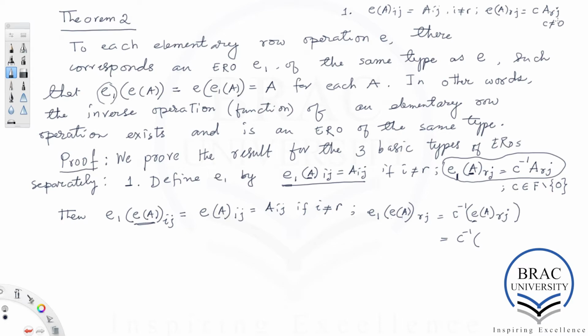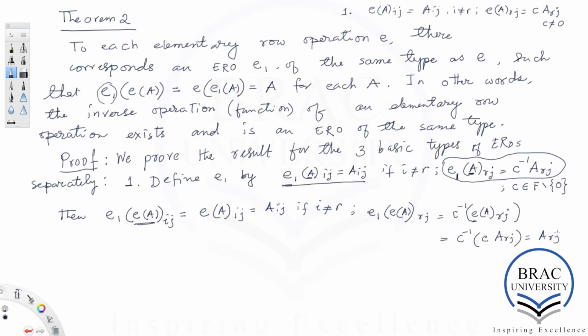Okay. So using that definition of the first type of elementary row operation, we are writing it like this: E of A Rj is equal to C times Arj, right? And this is Arj. Okay.